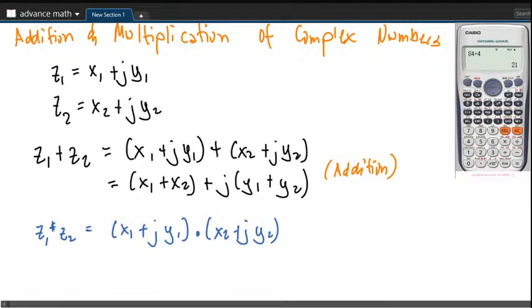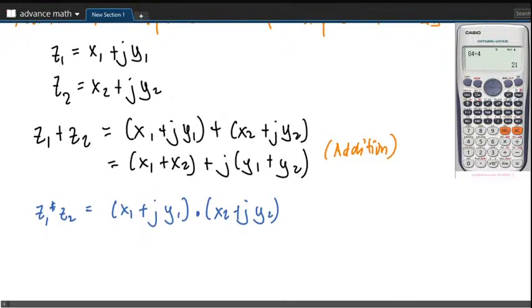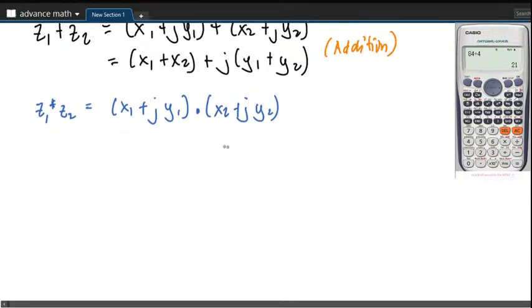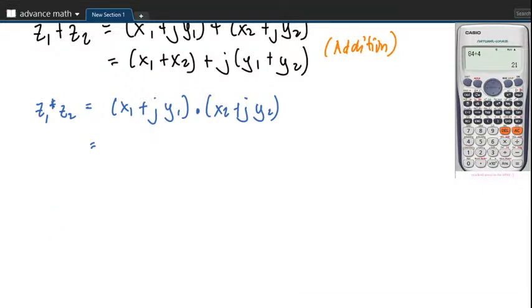So in multiplication of complex numbers, we will treat these two numbers as binomials. So if you are going to multiply binomials, we could use different methods, whichever is your fancy.